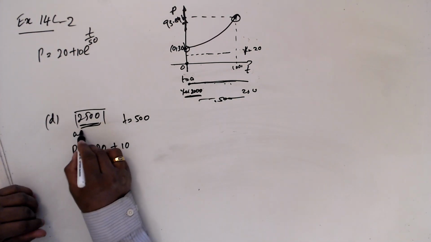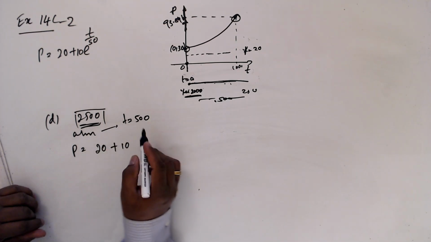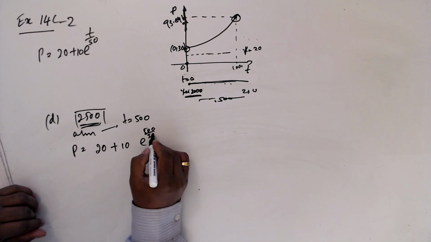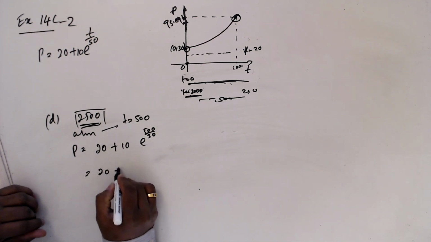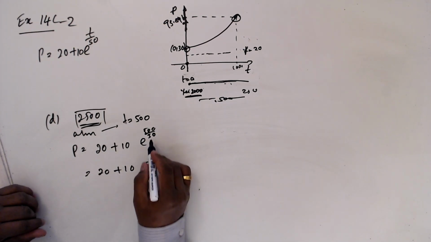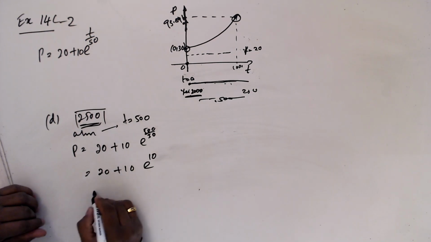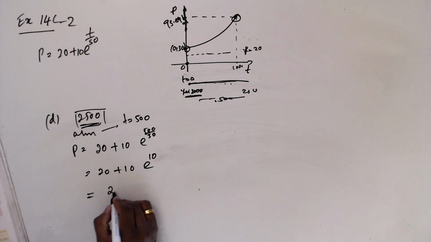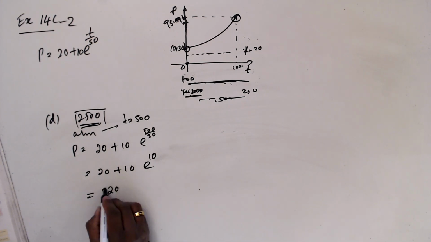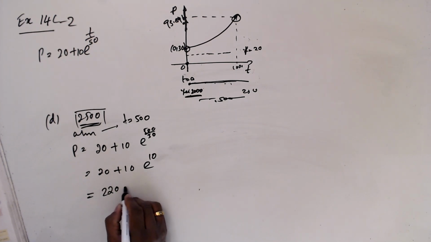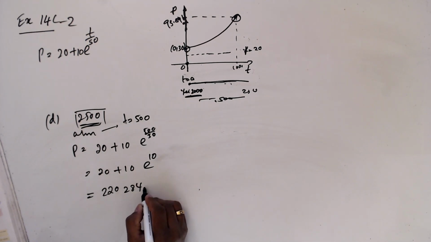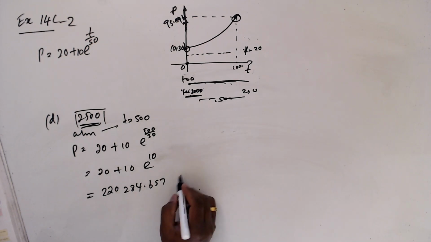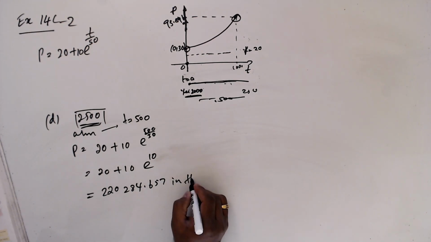Yeah. When T equals 500, 10 times e^(500/50). So 20 plus 10 times e^10. So what is this value? You will get this one, 220,284.657 in thousands.